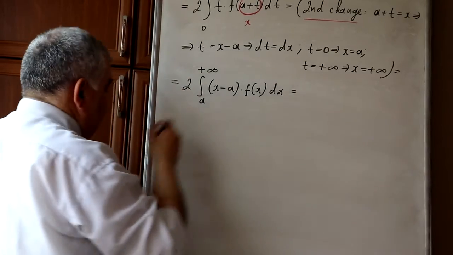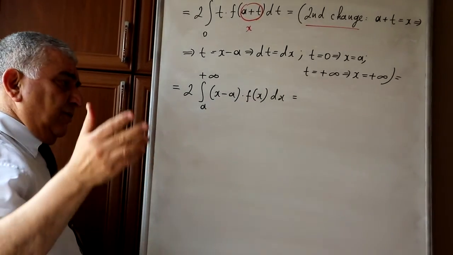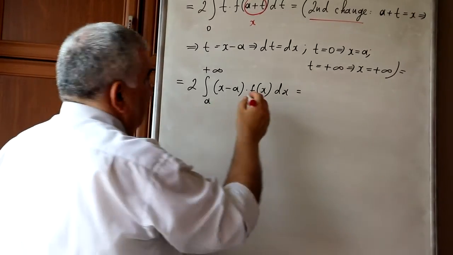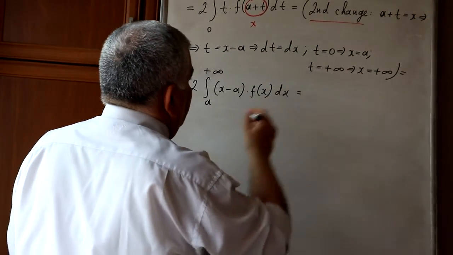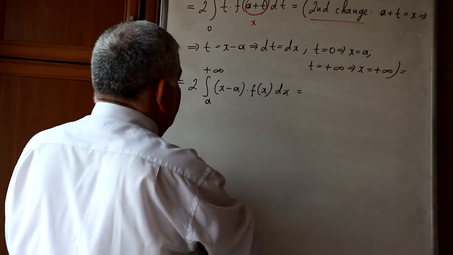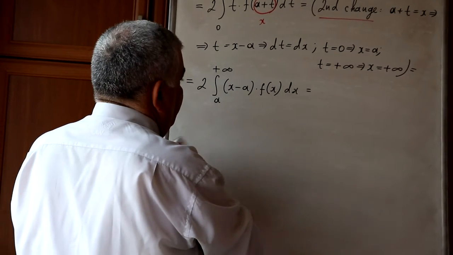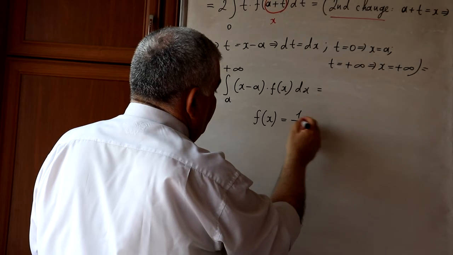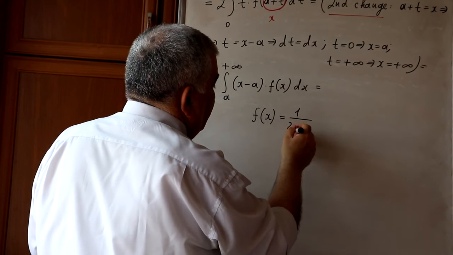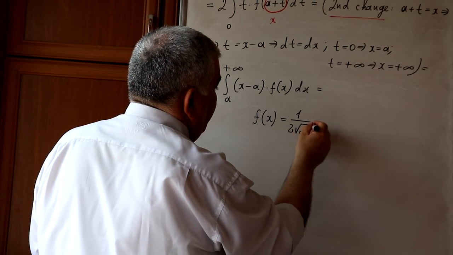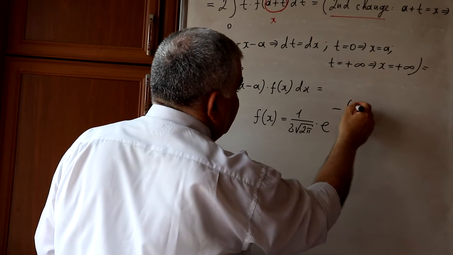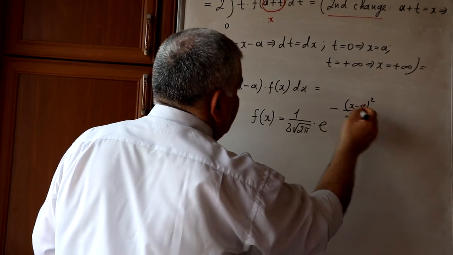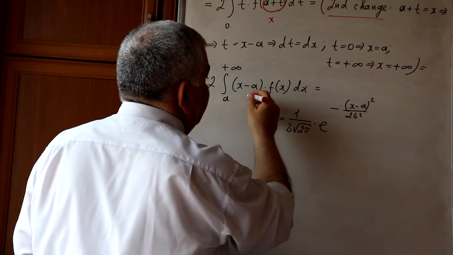Then substitute the expression of normal distribution density instead of f of x. Remember the formula of normal distribution density. f of x is 1 over sigma square root of 2 pi multiplied by e to minus x minus a squared over 2 sigma squared. This is the expression of the normal distribution density.